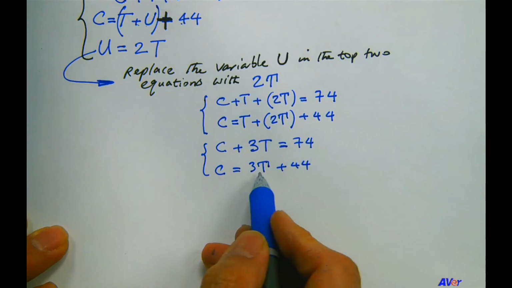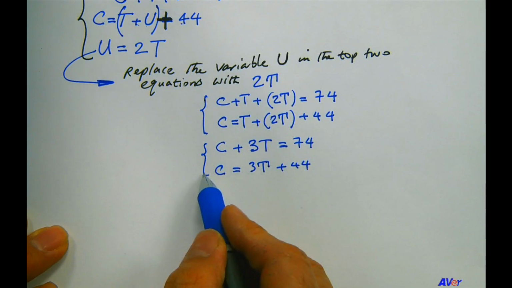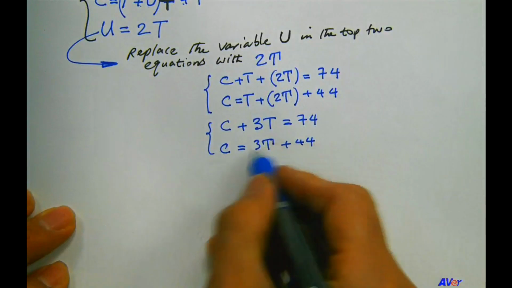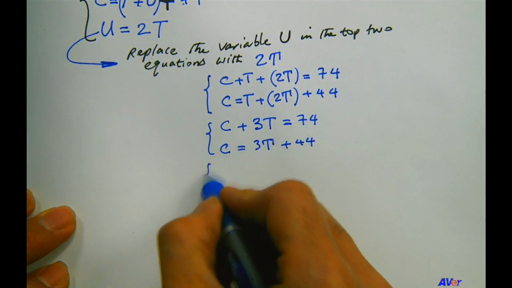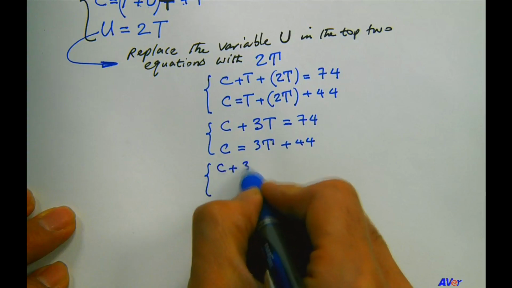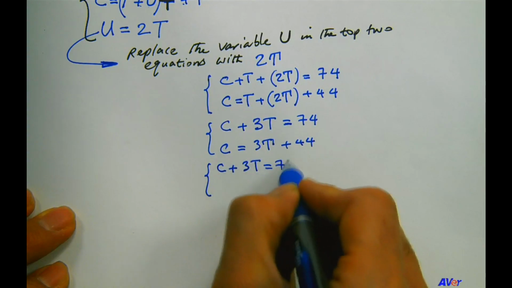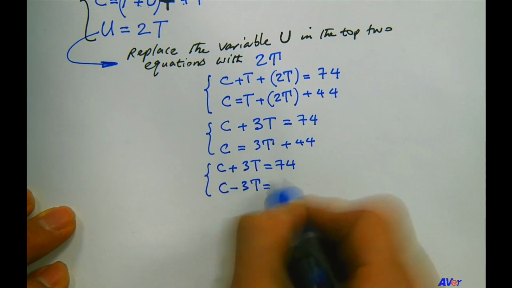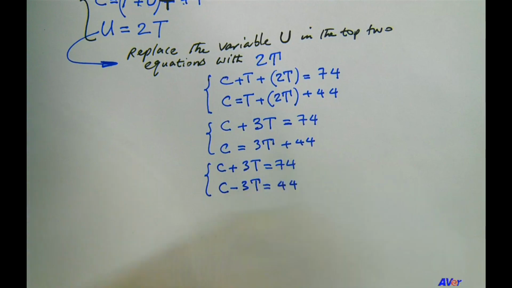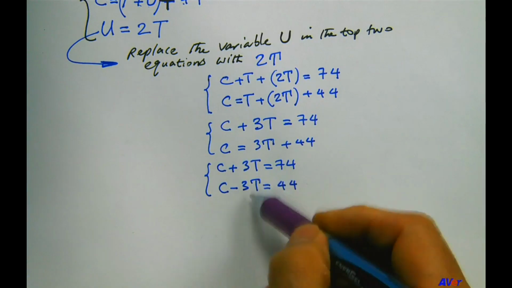So we know that we want all the variables on the left, right? So let's move this 3t to the left and keep 44 on that side. Like that.